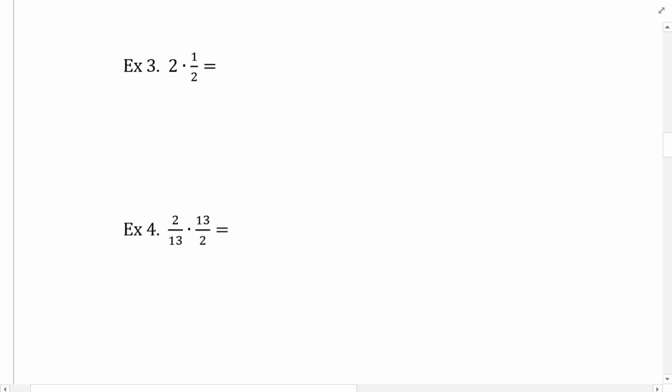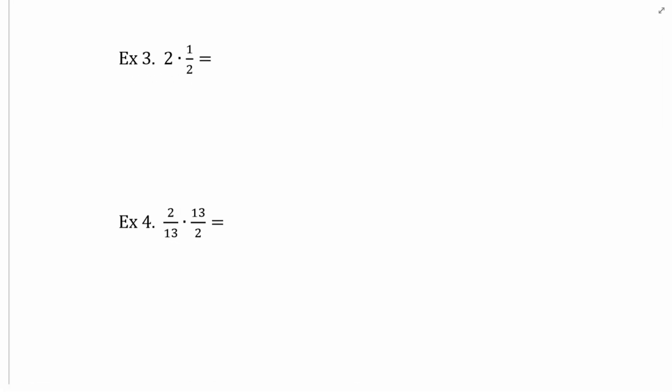Let's take a look at other problems where we still multiply, but the numbers look a little bit different. So for example, if I have just 2, I'm going to write it as 2 over 1 and then times 1 over 2. When we multiply across, we can say 2 over 2, which is 1, but we could also have said 2 divided by 2 is 1.